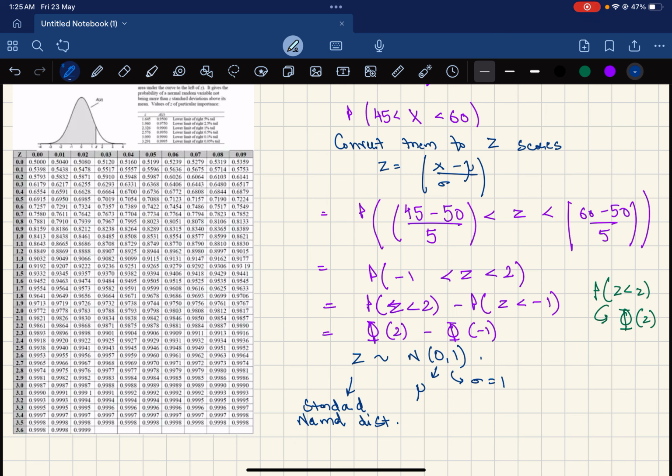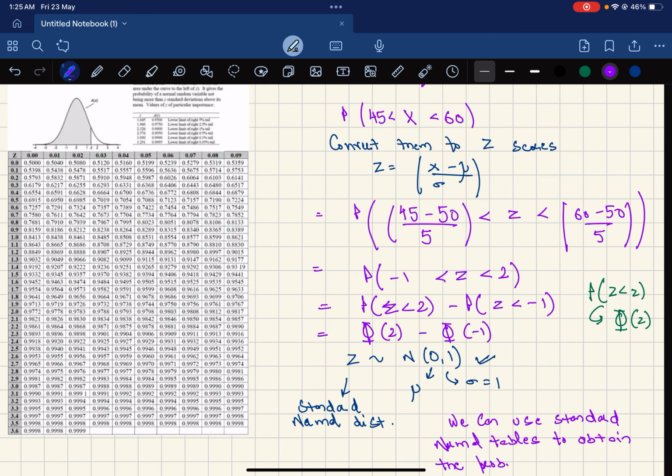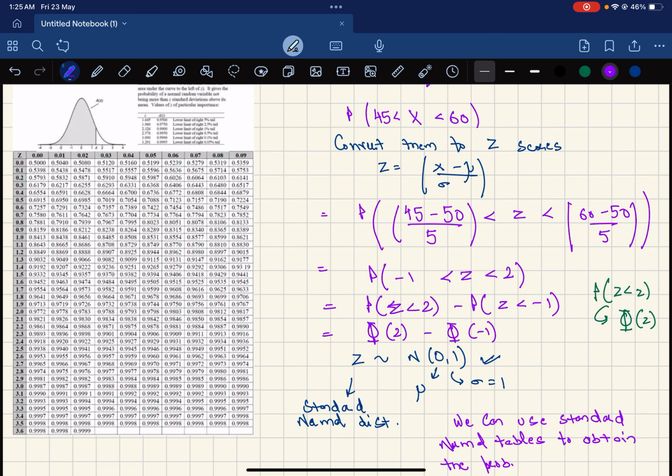Now for the standard normal distribution, we can use standard normal tables to obtain the probabilities. The standard normal table is given on the left hand side here. So now let us try to calculate the probabilities. We have to calculate the probability for z equal to 2 and z equal to minus 1.